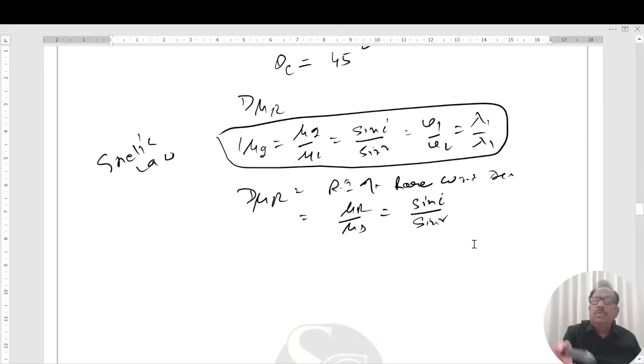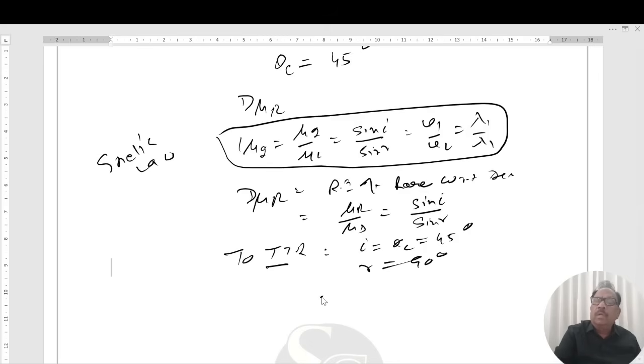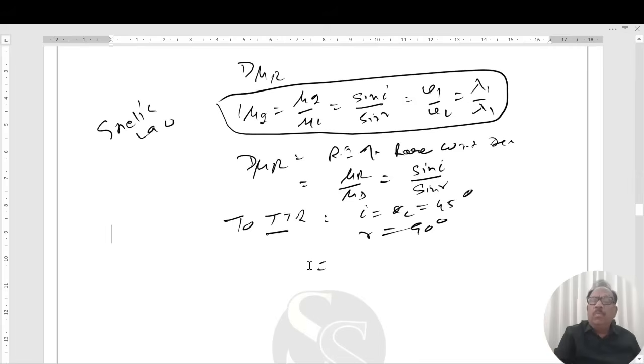For TIR, i should be equal to theta c, that is 45 degrees, and r should be equal to 90 degrees. So d mu r will be sin 45 upon sin 90, that is 1 by root 2.